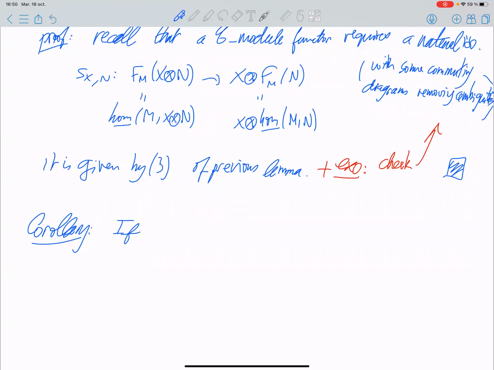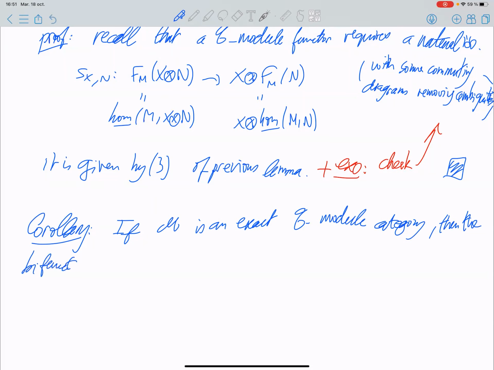If you assume the C module category M to be exact, then the internal Hom bifunctor will be exact in each variable.